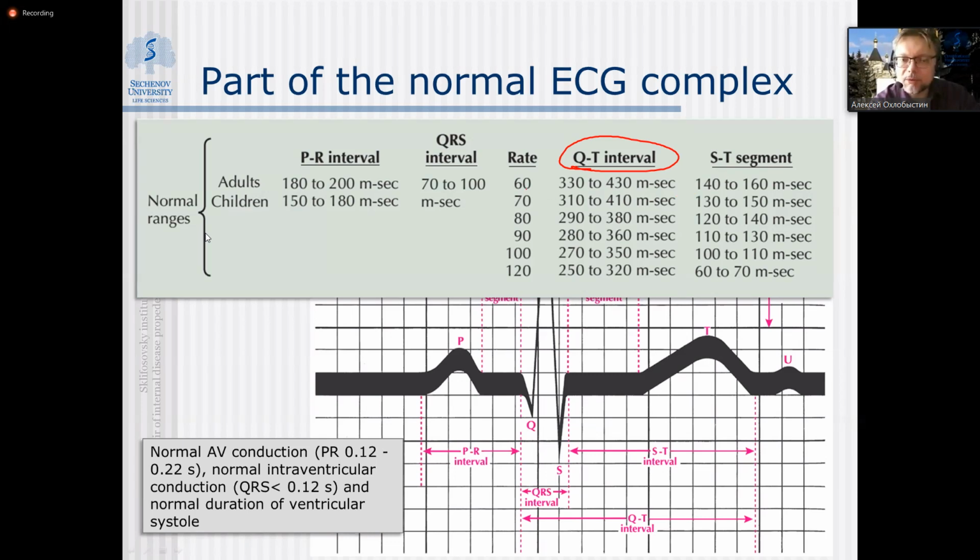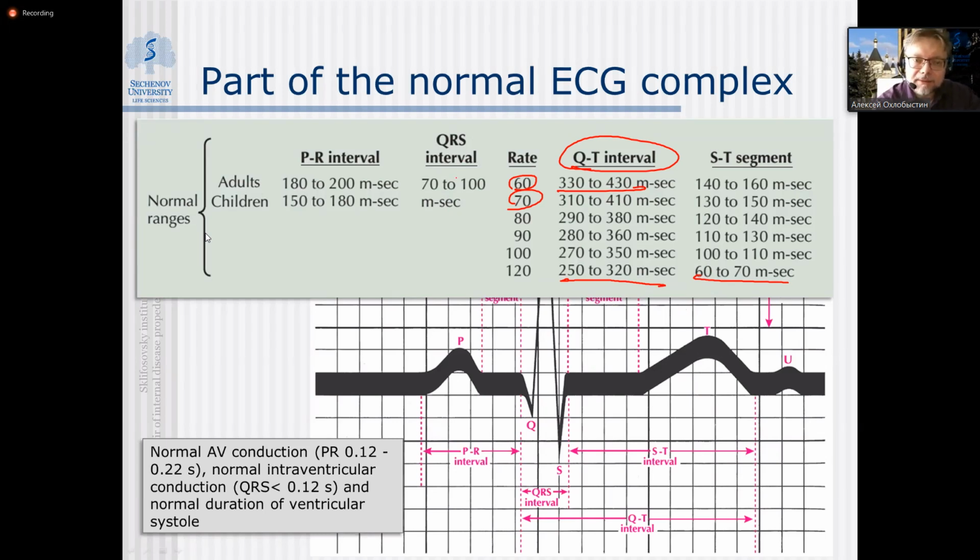So if we talk about a patient with normal heart rate, let's say 60 or 70, it will be like that. It will be, well, 330, 430 milliseconds. If the heart rate increases, there will be shortening of the QT interval, and there will be shortening of the ST segment.